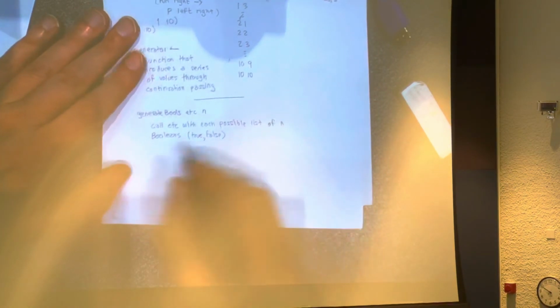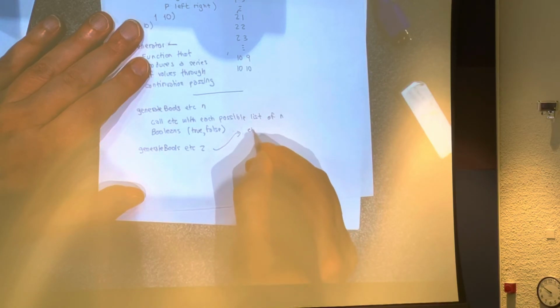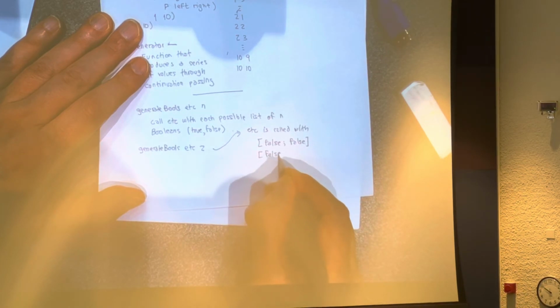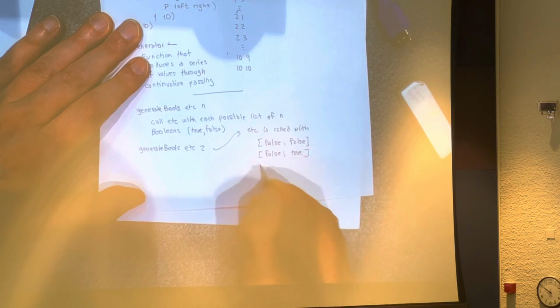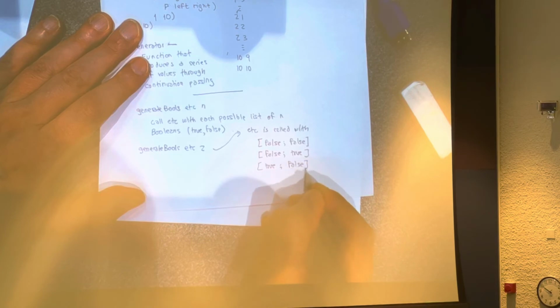Okay, so for example, if I were to say generate bools, etc, and 2, what happens is that etc is called with false, false, false, true, true, false, and true, true.